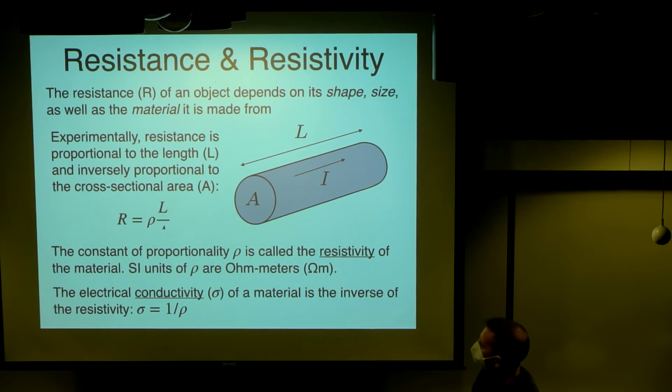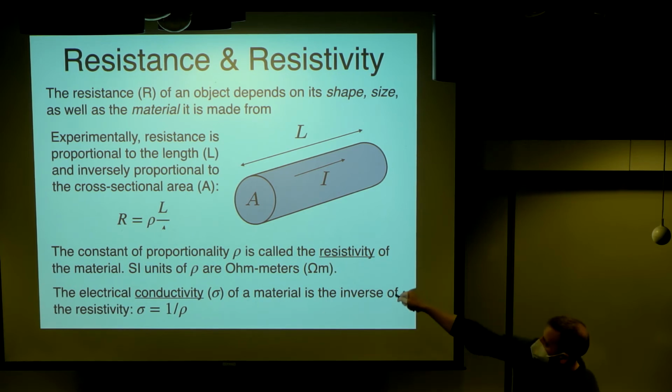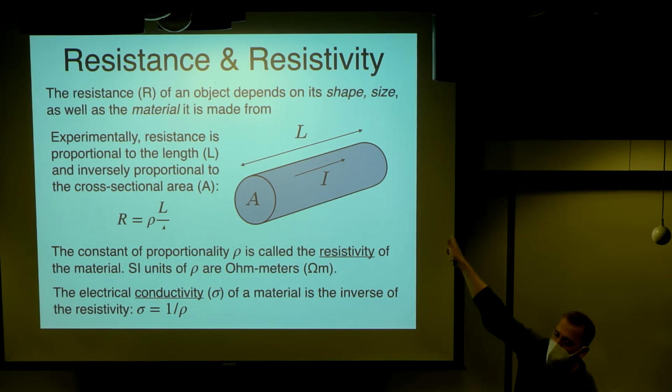So the picture you should have in mind, as far as how we can calculate the resistance of an object, is this. We're going to have some kind of material, and the length of the material we will denote by L. And the cross-sectional area of the material we will denote by A. And we want to imagine that there's some current flowing across the length of the material.